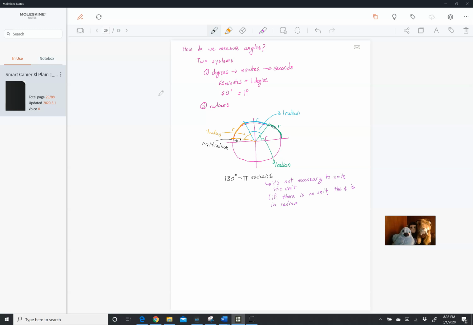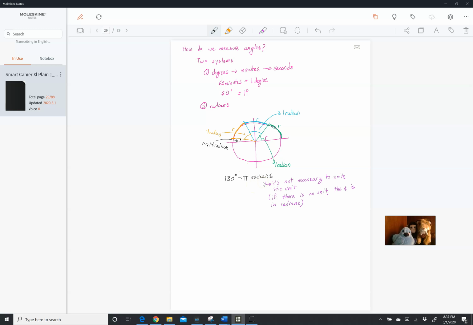That's what we're saying here. Okay, if there is no unit. So just like if there is no index in a radical, it's a square root. If there is no exponent of x, it's x to the first power. This is the same type of thing. If there is no unit, it's radians.